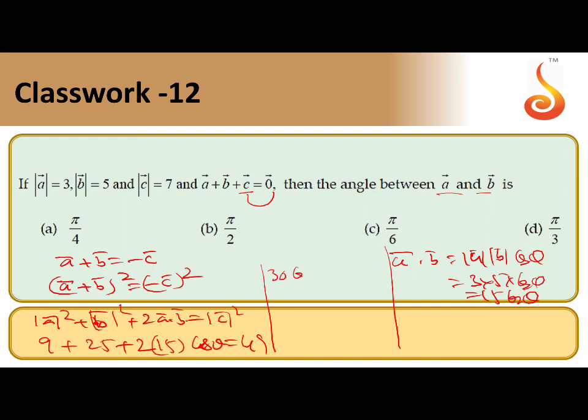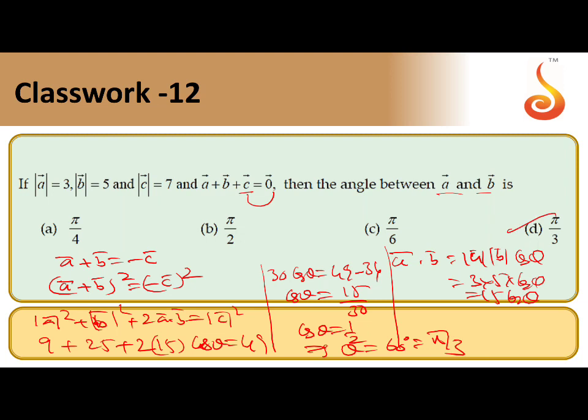So 30 cos theta equal to 49 minus 34. So cos theta equal to 15 by 30. So cos theta equal to 1 by 2. This implies theta equal to 60 degrees, that is pi by 3. So which option is matching? Option D is matching.